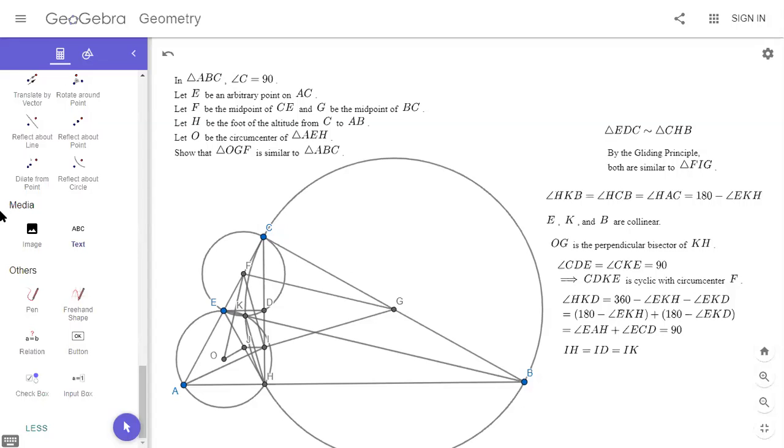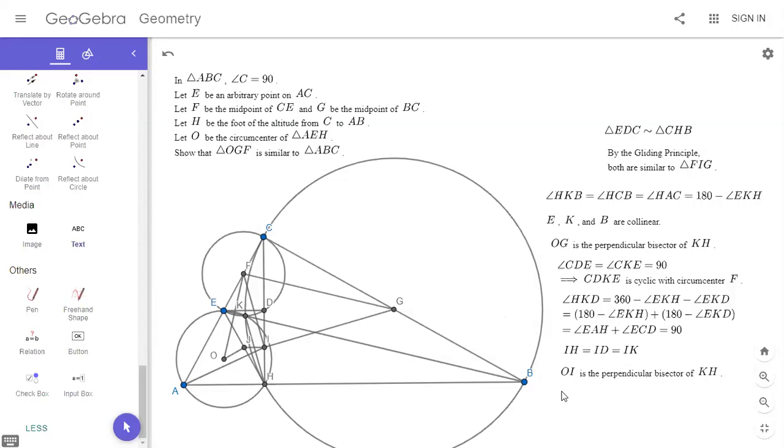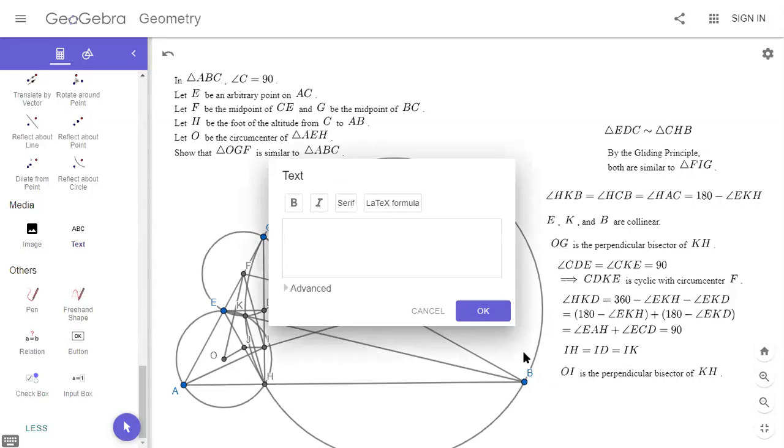And so that means that OI is the perpendicular bisector of KH also. And so that means that O, I, and G are collinear, because if OI is the perpendicular bisector and OG is also the perpendicular bisector, we have O, I, and G are collinear. Okay.